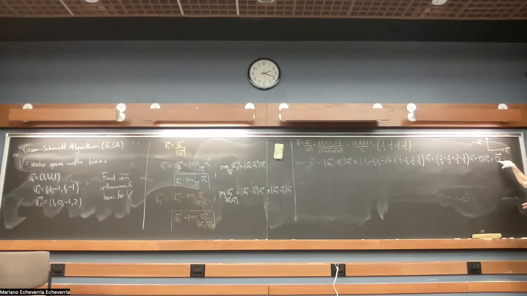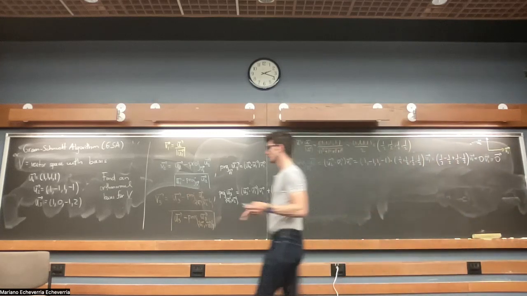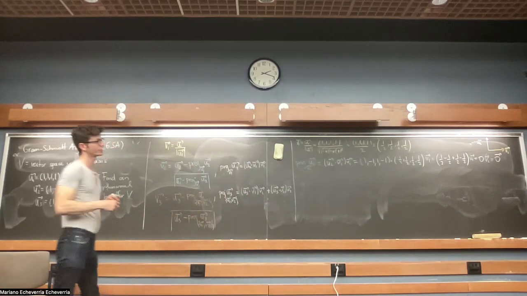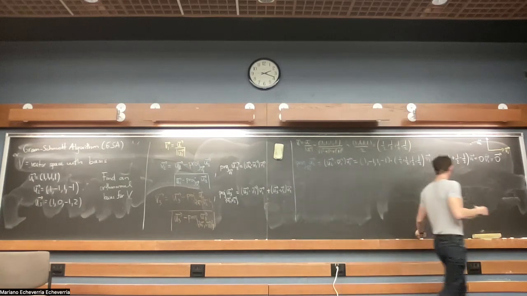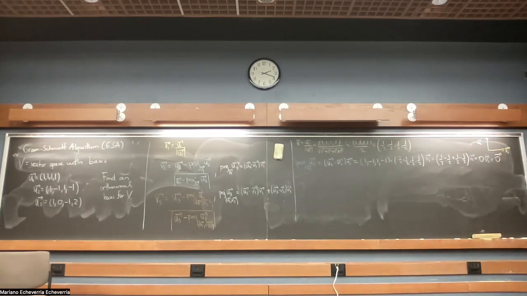If there were an angle between these two vectors, there would be a shadow of non-zero length. So the only way for the projection to be 0 is if the vectors are perpendicular to start with. Is that okay?